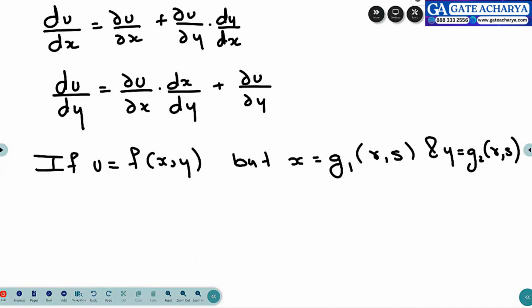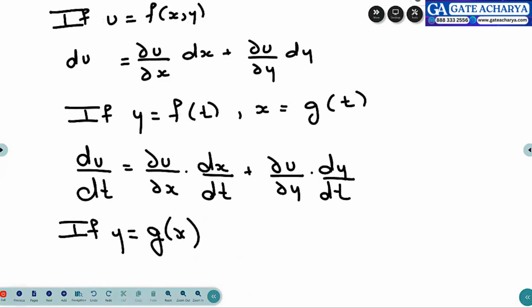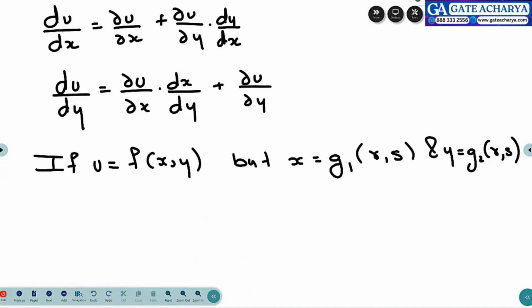So what did I write regarding du? Dou u by dou x dot dou x plus dou u by dou y dot dou y. Just see this same term. If you want to write it as du, you can also write it as dou u.